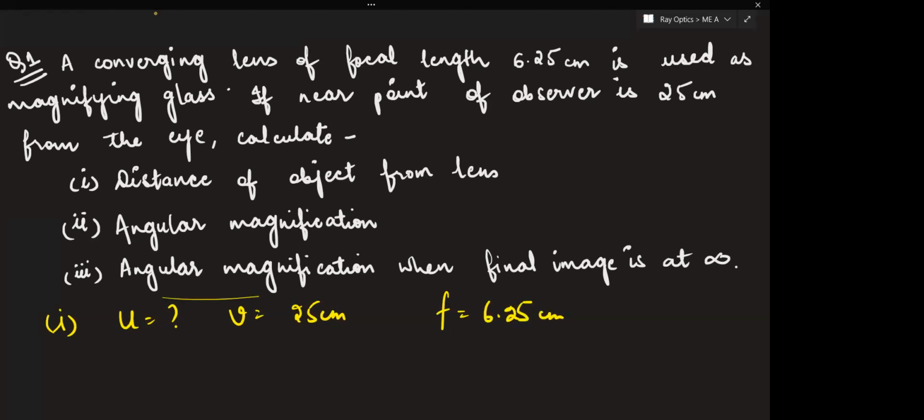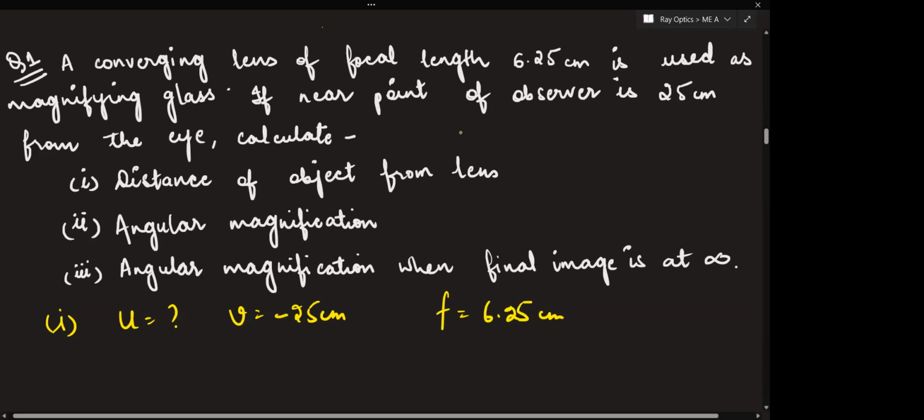So which formula should be applied here? Yes, class, which formula should be applied over here? Yes, Priyadarshini. Correct. Lens formula will be applied. So let's put in the sign convention. Focal length is behind, so this will be positive, but V will be negative.